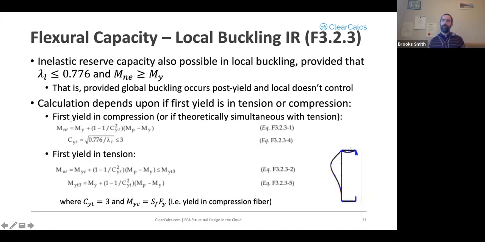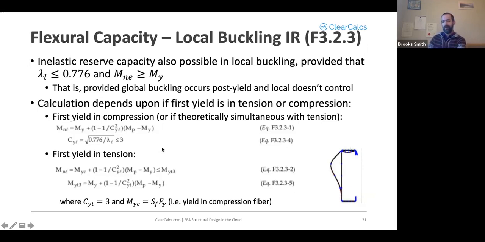There is also inelastic reserve capacity that's also relevant for local buckling. That is allowed as long as that lambda L value is less than 0.776. In other words, that local buckling is likely to occur after yielding, and if your global buckling is greater than MY.